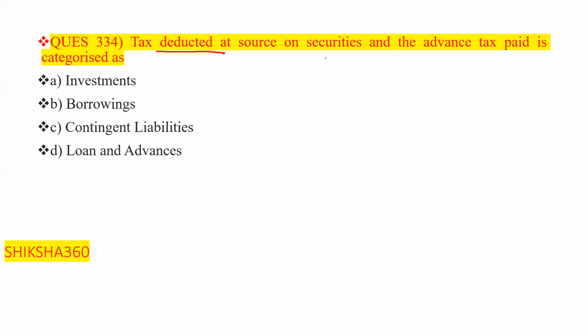Tax deducted at source on securities and advance tax paid is basically categorized as: investments, borrowings, contingent liabilities, or loans and advances? Clear?